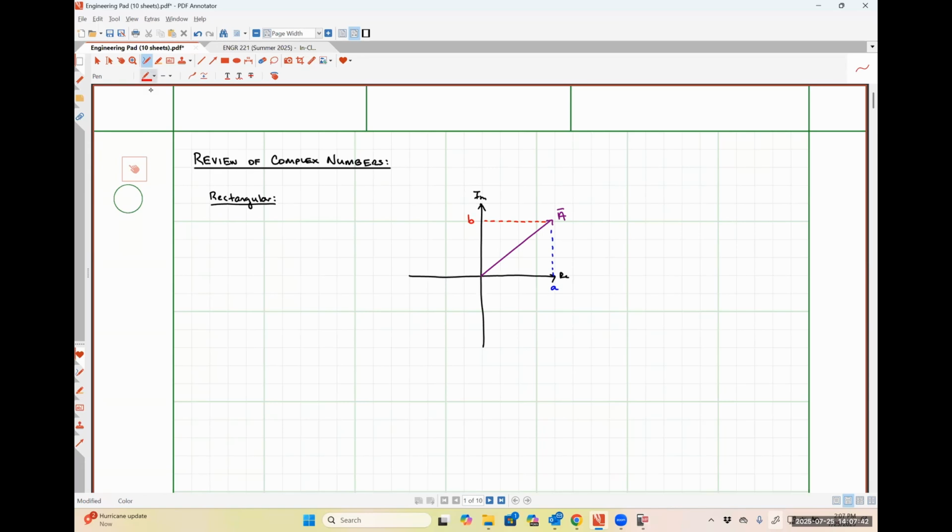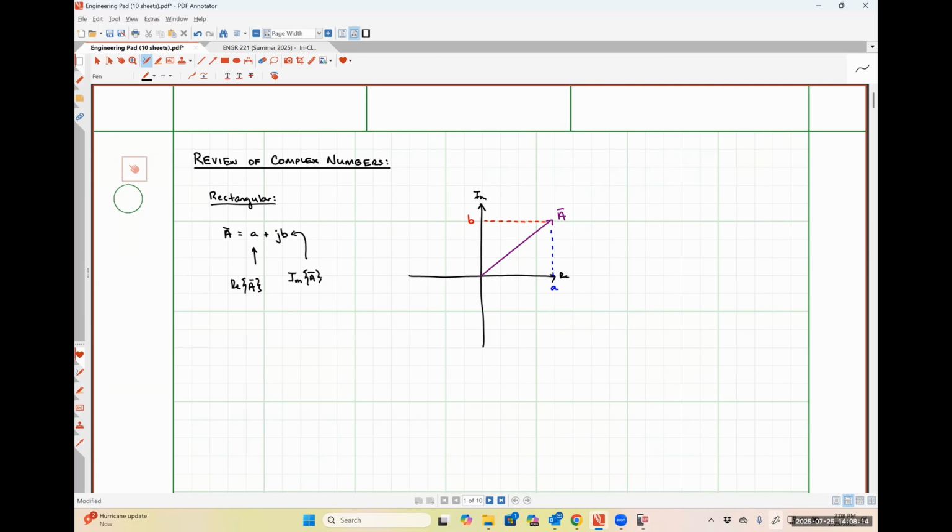So we could represent this complex number A in rectangular form as a + jb, where a right here represents the real part of complex number A, and b right here represents the imaginary part of complex number A.